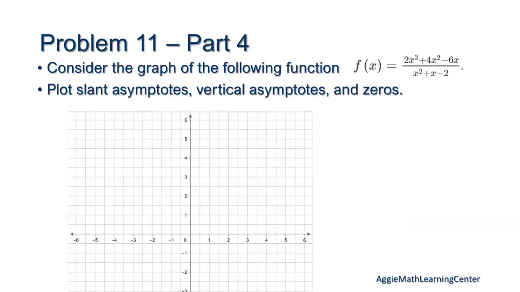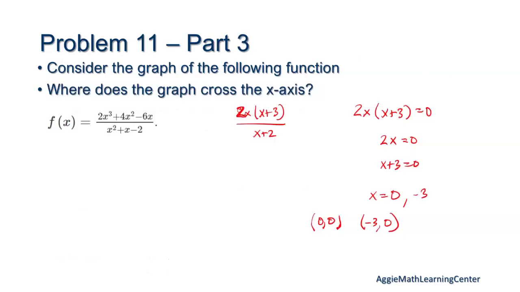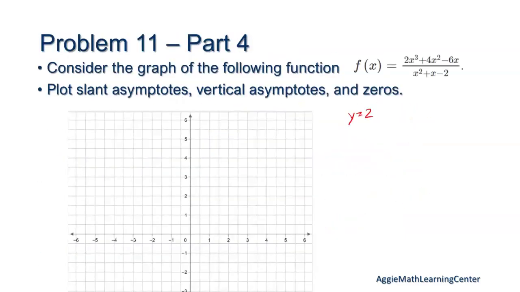Okay, so now we have our x-intercepts, and we can now plot our function with all that stuff. So we have the slant asymptote, which was at 2x plus 2. So we know that that's going to cross at 2, and it's going to go up 2 over 2. So it's going to cross here and here. So if we just draw a line, and it's going to come down this way as well.